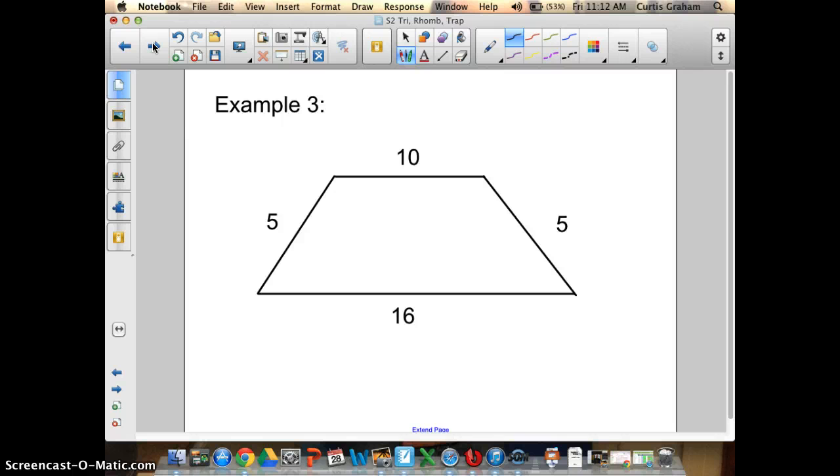Example 3. So I need my base and my height for my trapezoids. So I'm going to go ahead and figure that out. 10 plus 16 divided by 2 times my height. I'm going to have to figure out what my height is still. So I'm going to draw that perpendicular line so I can figure out what it is. And I haven't given you guys enough information, so let me fill this in so you have more information.